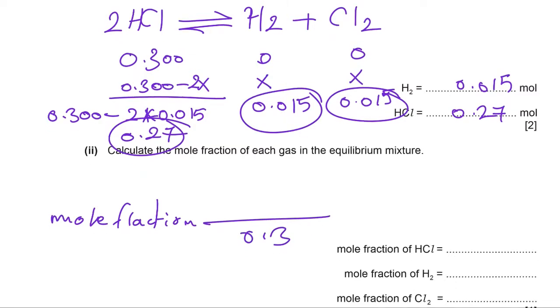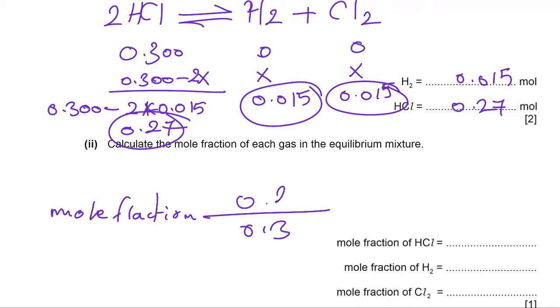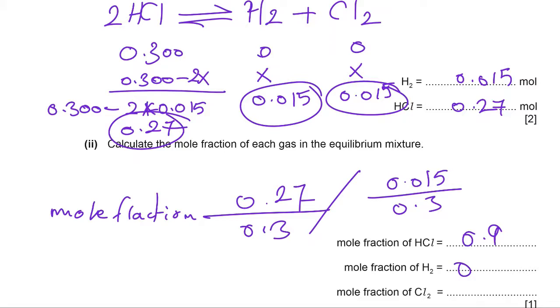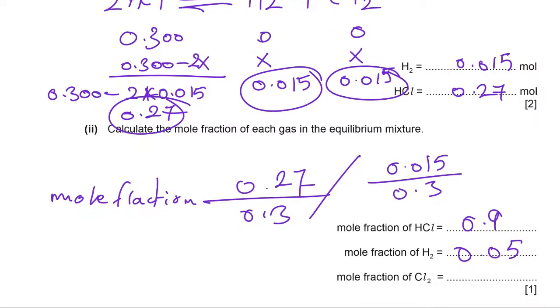Now let's calculate for HCl, which is 0.27. So 0.27 over 0.3 gives the mole fraction 0.9. Then the mole fraction for hydrogen or chlorine is 0.015 over 0.3, which gives us 0.05, and the same for chlorine.